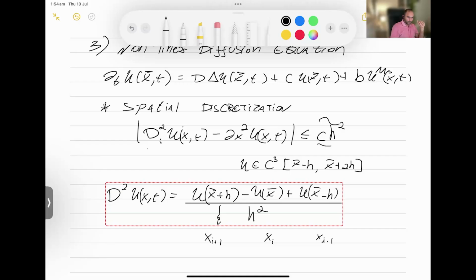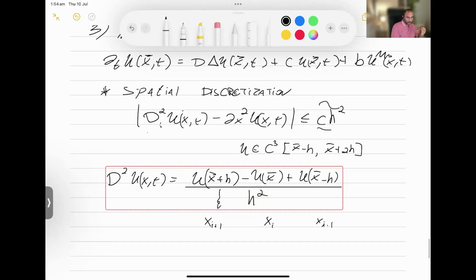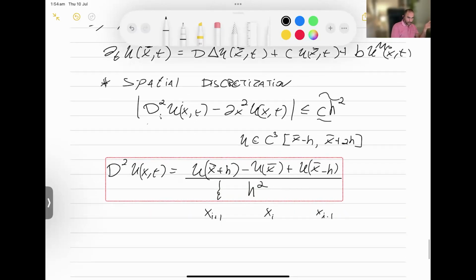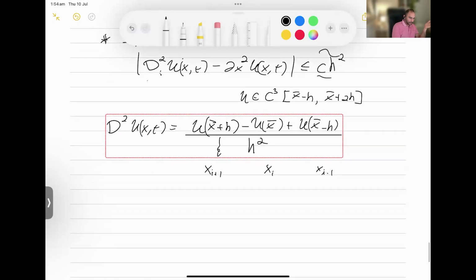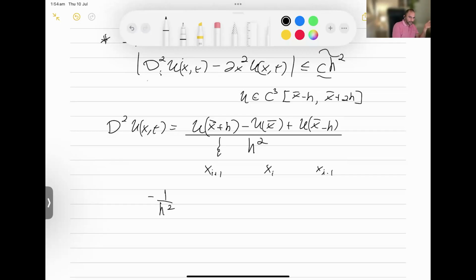And then there's also another way to write this in terms of the Laplacian operator. So this could be rewritten as minus 1 over H squared L, and people call L the Laplacian operator, and it can be denoted by D square.